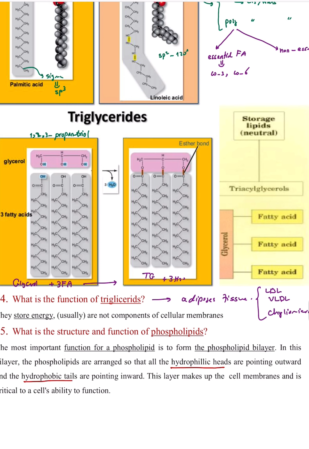This layer makes up the cell membrane and is critical for the cell's ability to function. It has selectivity in the transport of molecules and ions across the cell membrane.